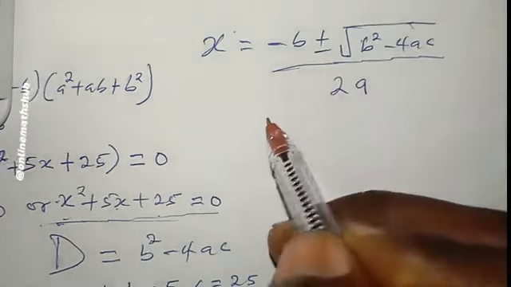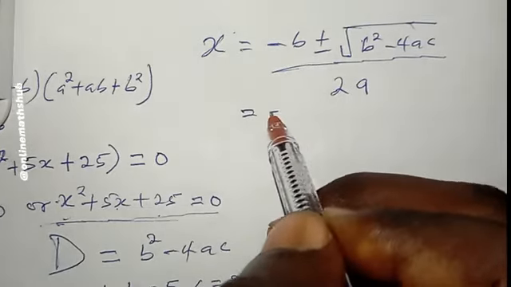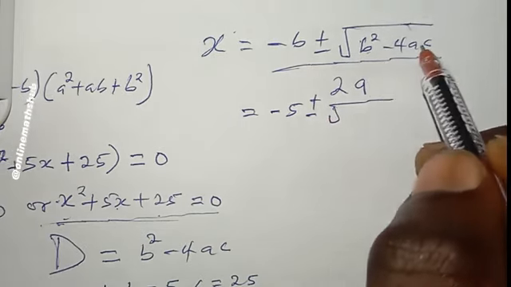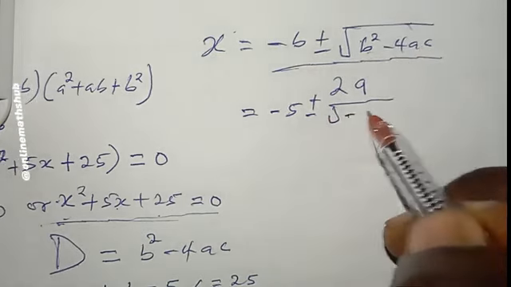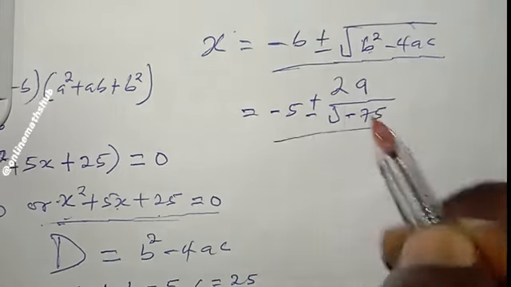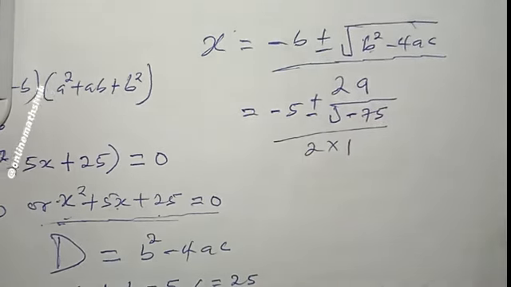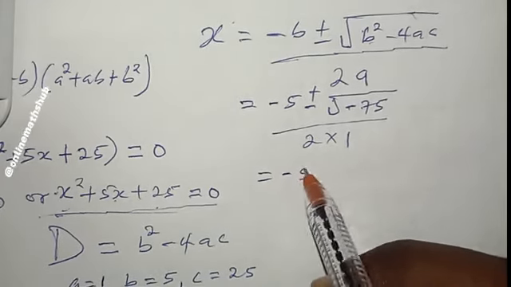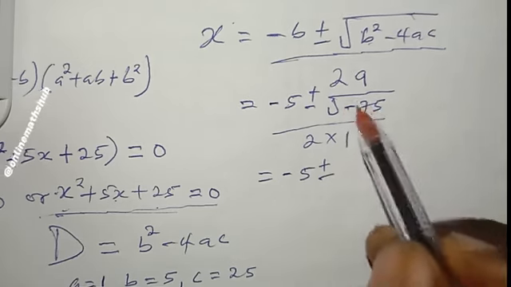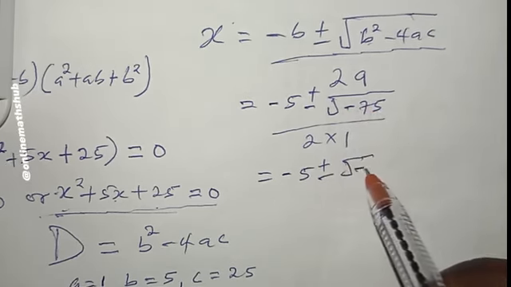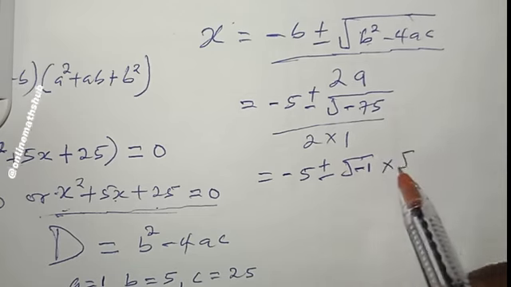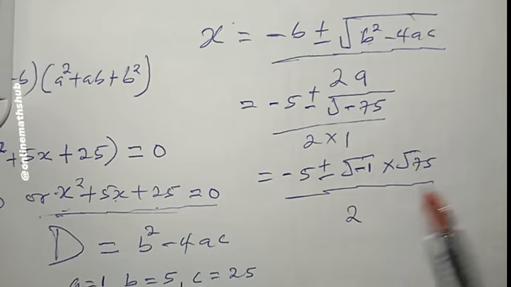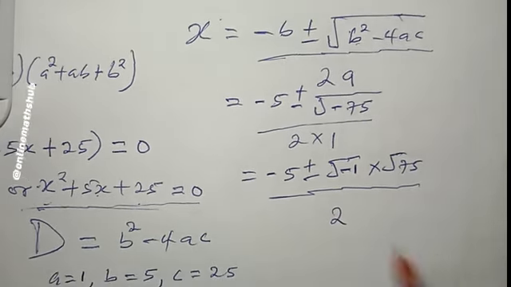So moving on, what we have here is minus b, which is just minus 5, plus or minus the square root of the discriminant. We've solved this and got that this is negative 75, divided by 2 times 1. Moving on, we have negative 5 plus or minus, I'm going to split this into negative 1 multiplied by the square root of 75, all divided by 2 times 1, which is 2.